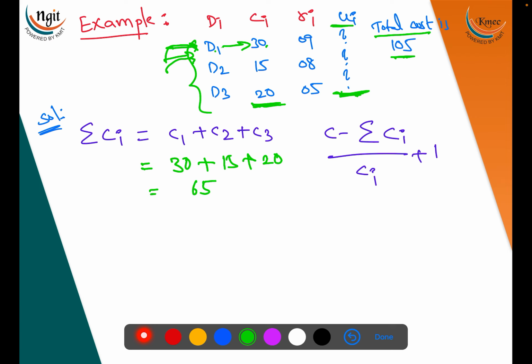Total 65 is the cost, correct? So still I can buy other devices, and that we will see with this formula: C minus the sum of Ci. C is the total cost, which is 105, minus 65 is equal to 40.